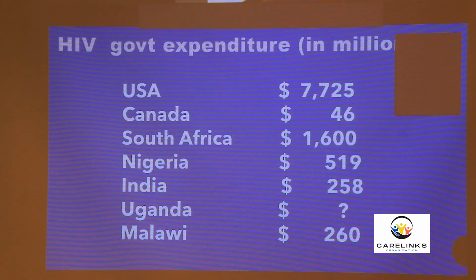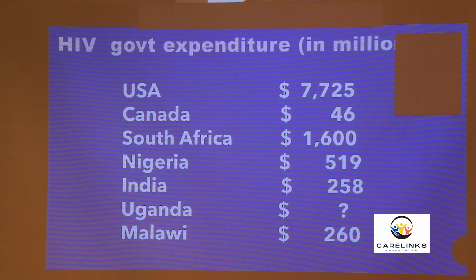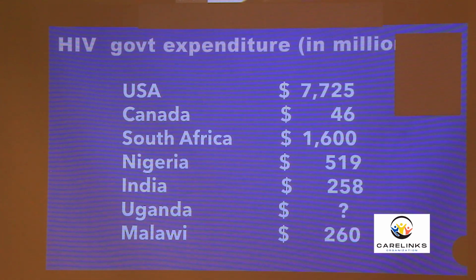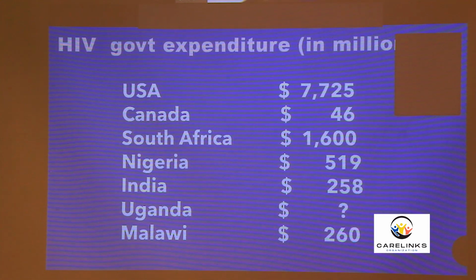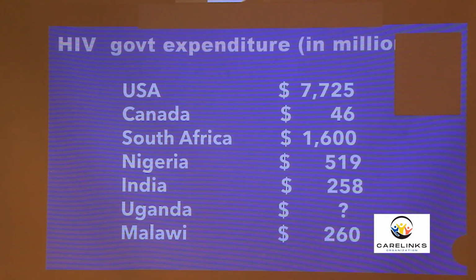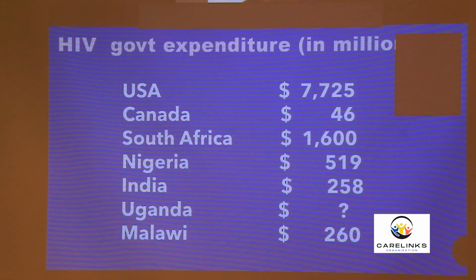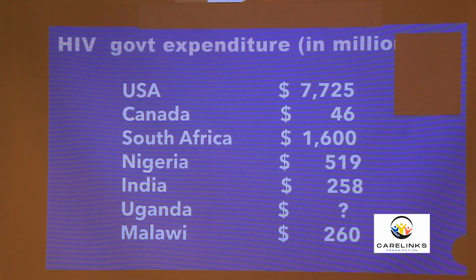If we look specifically at HIV spending, and this is HIV government spending in millions, you can see the U.S. is spending about $7 billion, $7.7 billion per year. Canada, a minuscule amount, but of course a much smaller country, but only 46 million. And I was surprised actually to find that South Africa was spending a lot more on HIV than Canada.